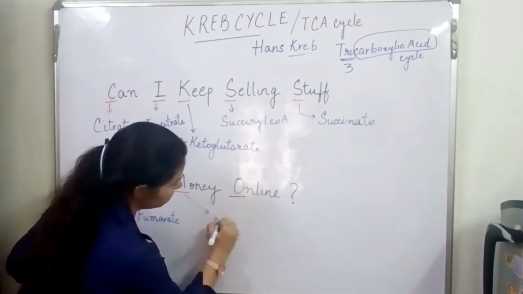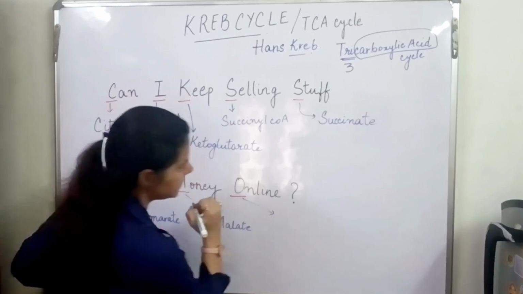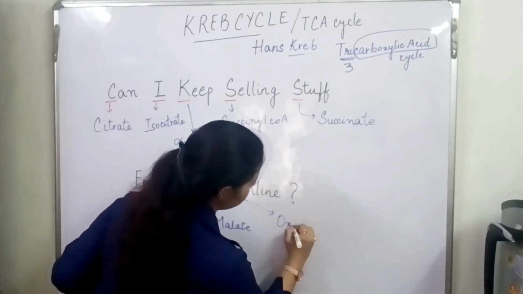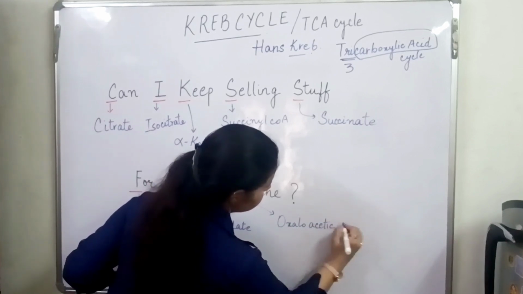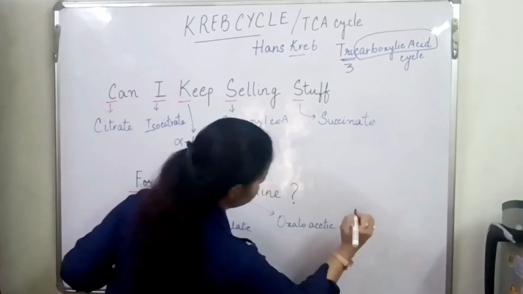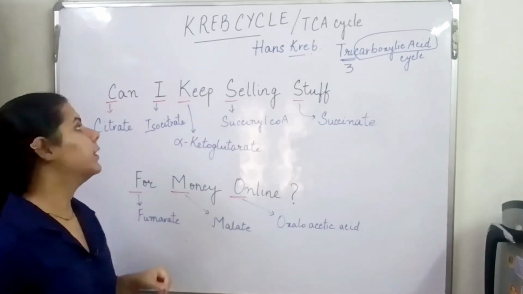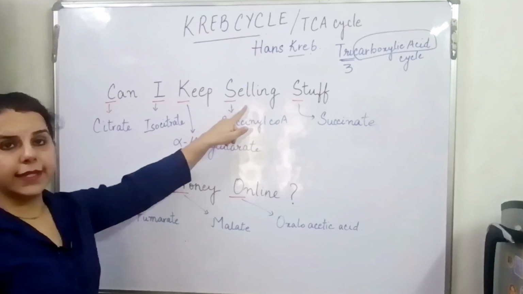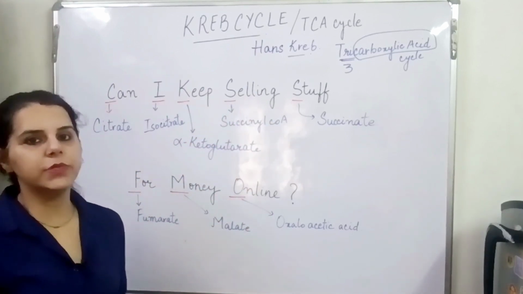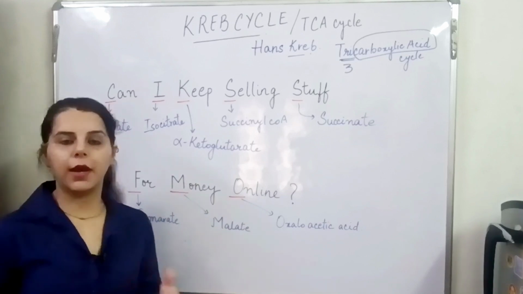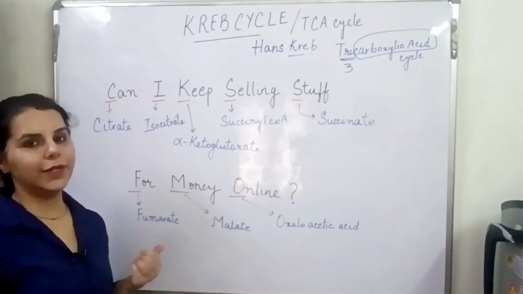M stands for malate. And O stands for oxaloacetic acid. So if you simply remember this line, this mnemonic, can I keep selling stuff for money online, then you will never confuse which step has to come first, right? So this is a very simple way and it will be really helpful to you.